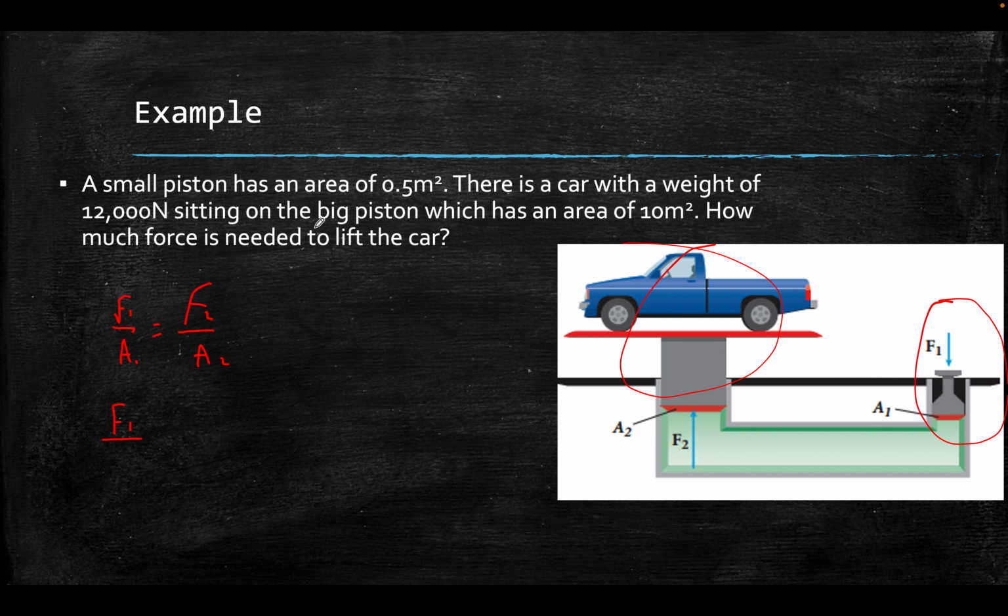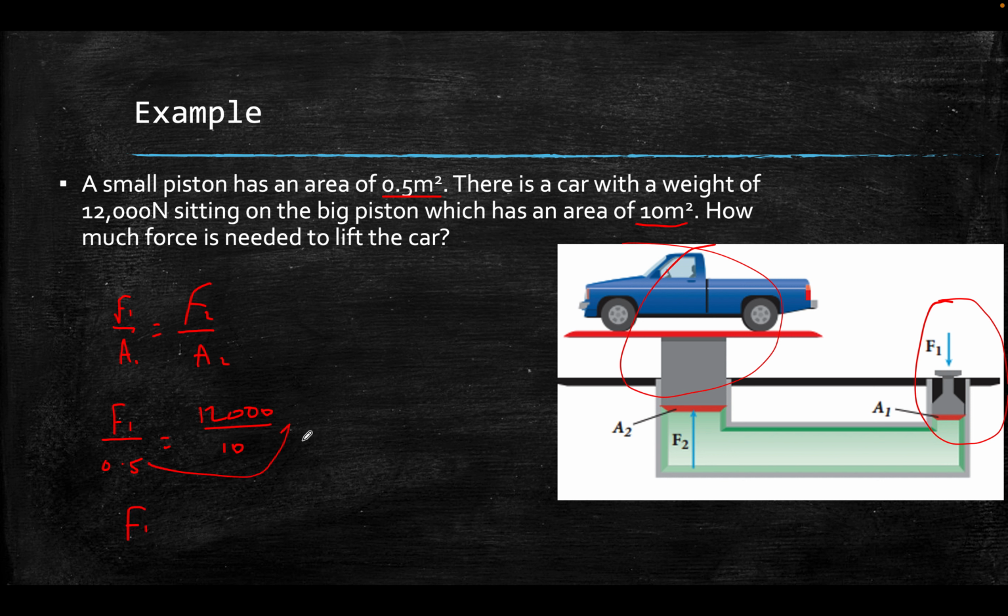And I know the area because it's a small piston, F1, area 1, it will be 0.5 meters squared. F2 is the 12,000, divide that by that area, which we have, 10 meters squared. Cross multiply, shift solve, do whatever you want in your calculator, and you get the answer for F1.